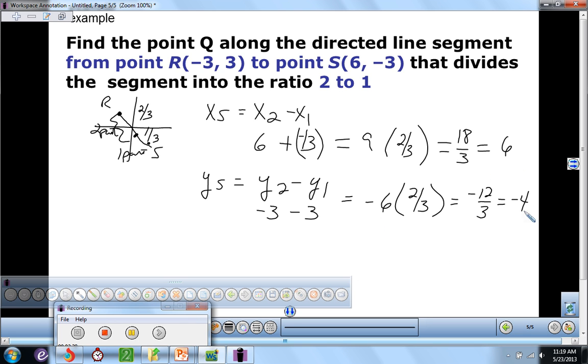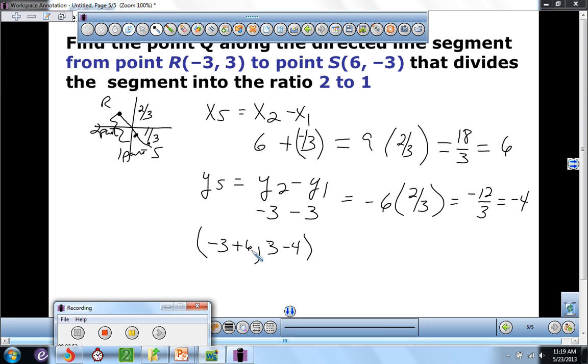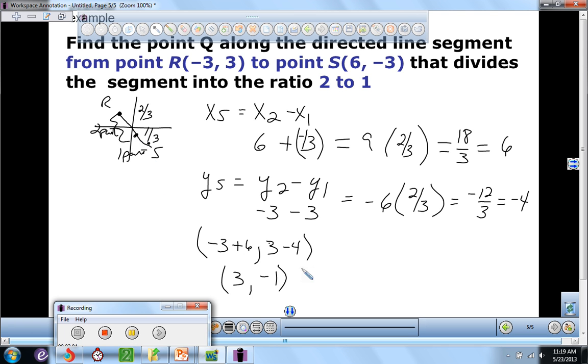Then we'll take this and add it to this value. So we go negative 3 plus 6, and then we have 3 minus 4. So our point here is going to be 3, negative 1. So we should have gone over 3 and down 1, somewhere in there.